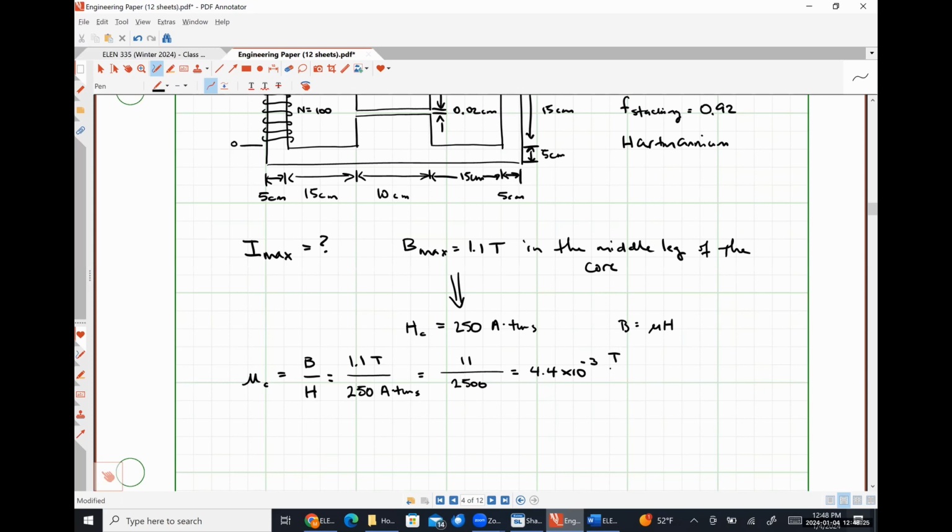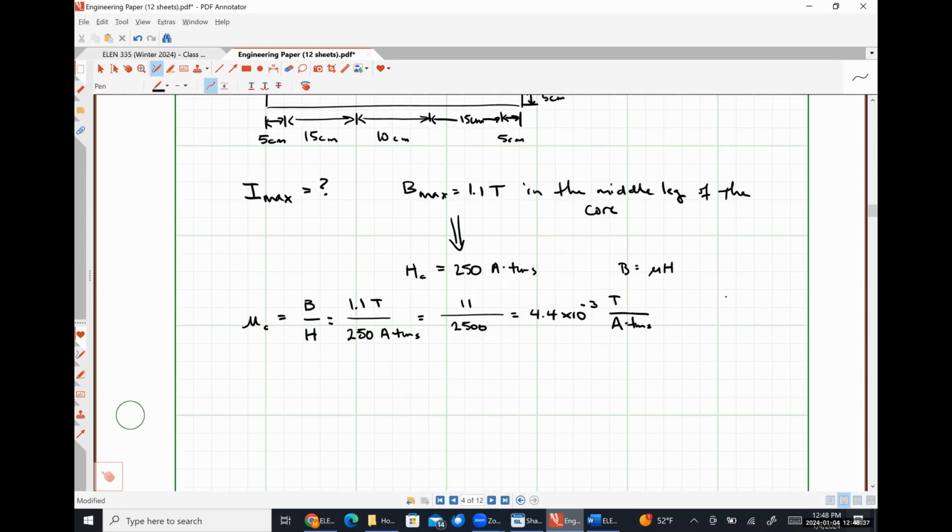So that's Tesla per amp turns, where turns isn't going to matter. And now we need to make sure that this is in the units that we're used to working with. So mu C is 4.4 times 10 to the minus 3. A Tesla is a Weber per meter squared, over 1 amp turns.